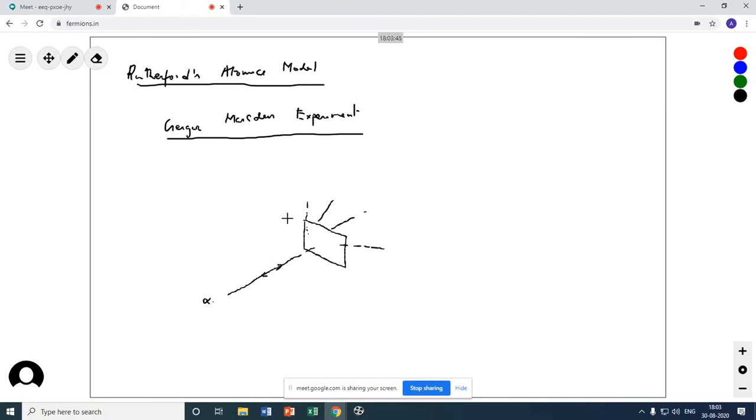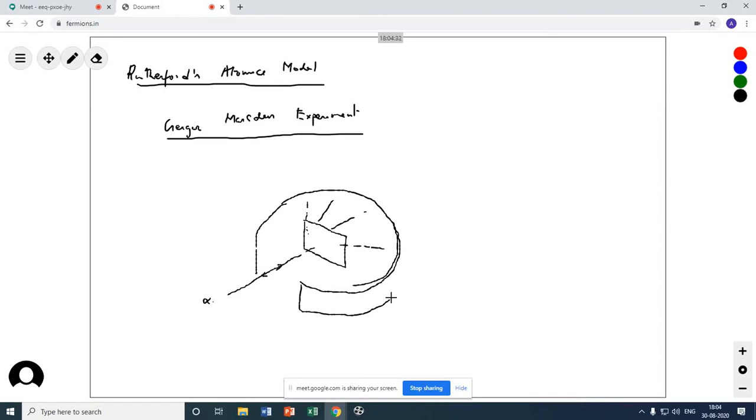Now, more properly, there is a screen placed in its surrounding. Let me draw it properly. This is a screen, placed in this form.